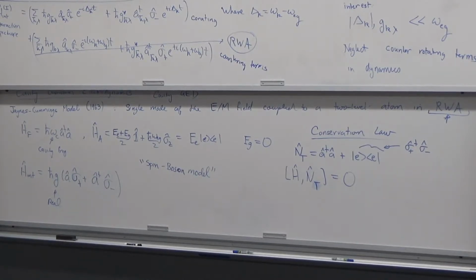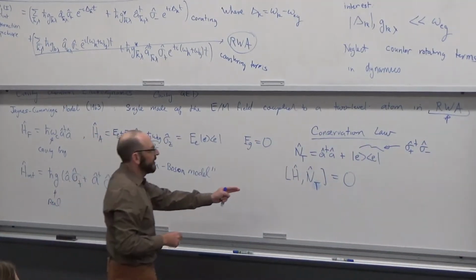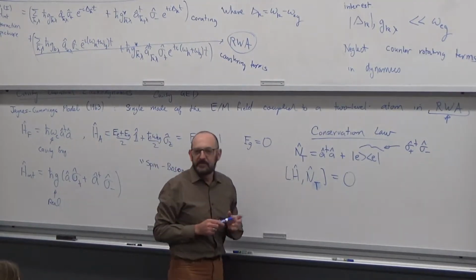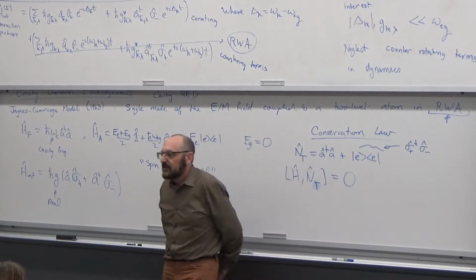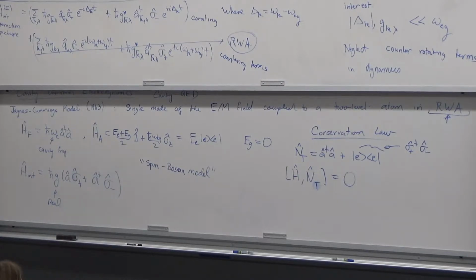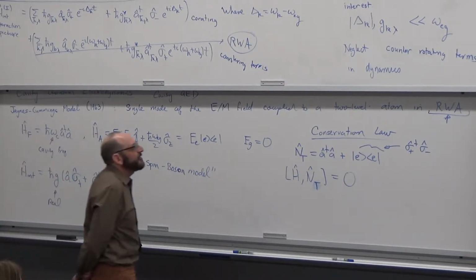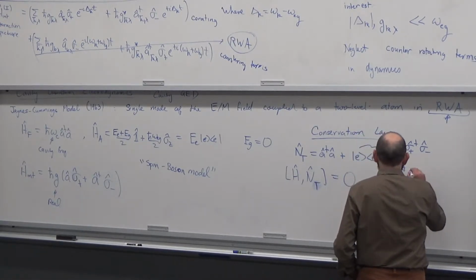And there exists a basis of eigenstates of the Hamiltonian for which NT is a good quantum number, because NT commutes with H. Okay? What does NT physically represent? Yeah? Like number of particles. Something like that. It's the number of excitations. This is the total number of excitations.